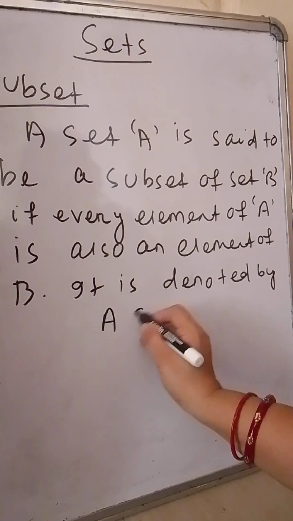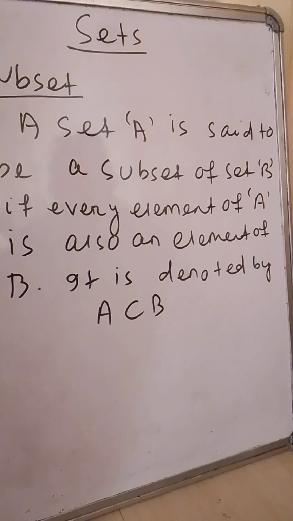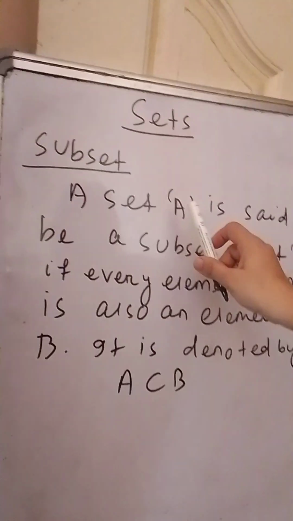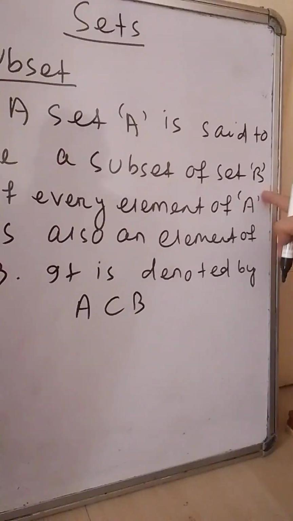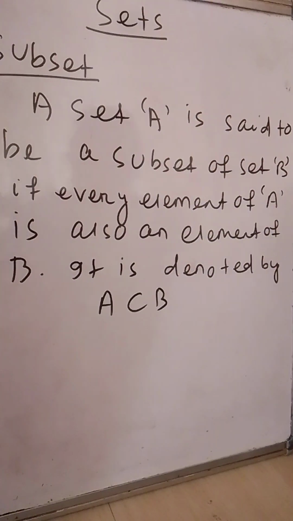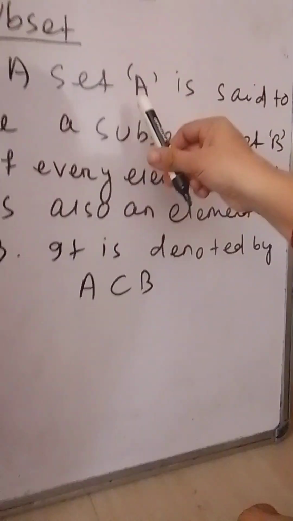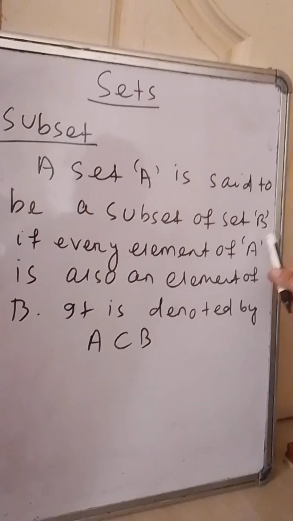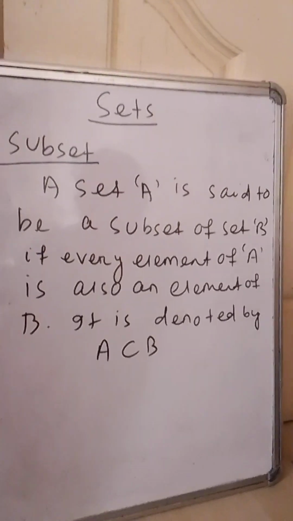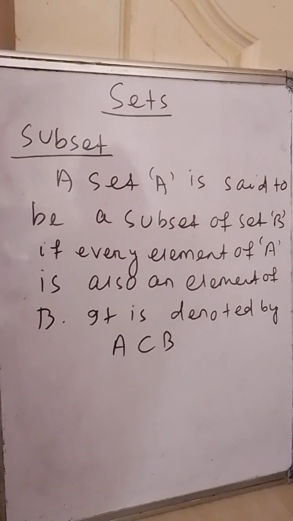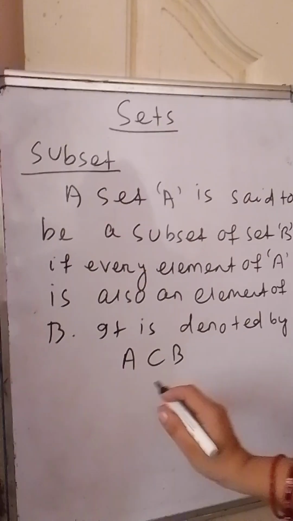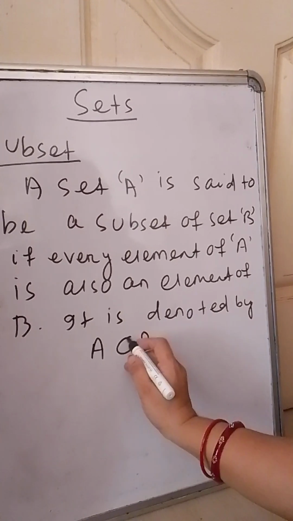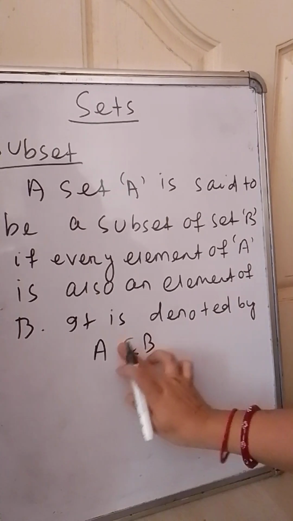A subset B. For a subset you have to take two sets, set A and set B. When set A is a subset of set B, each element of set A lies in B, meaning each element of set A is also an element of set B. Mathematically it is denoted by A subset B. We will read it like this: A subset B. This is the symbol we will use.